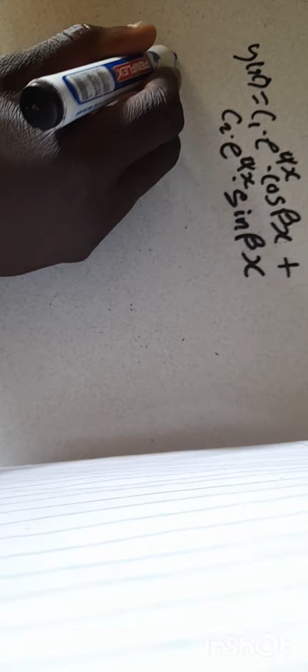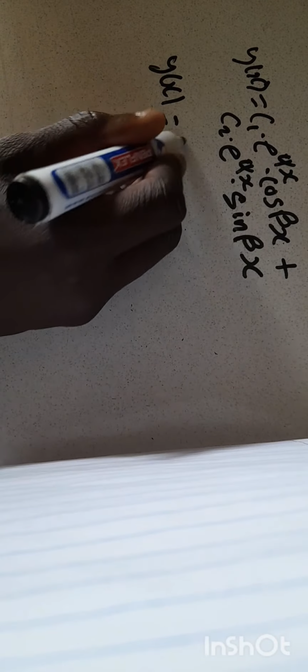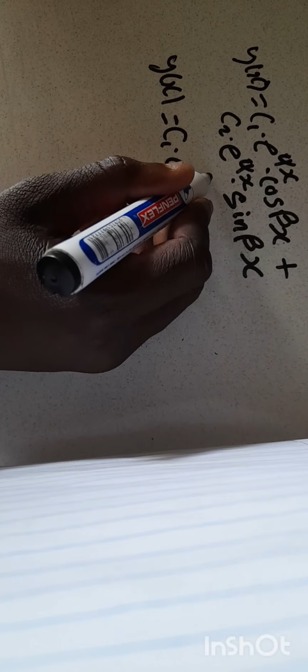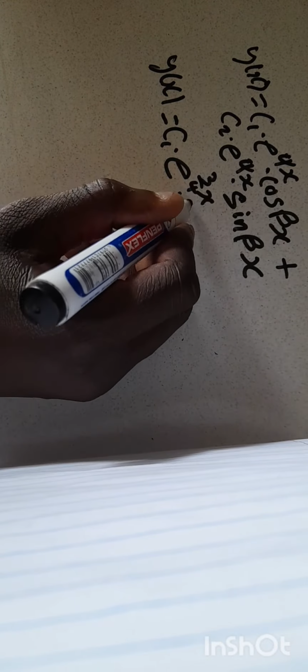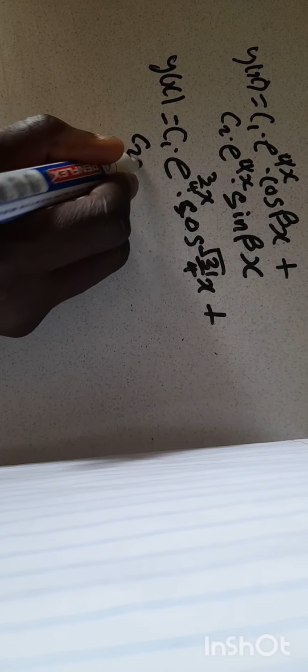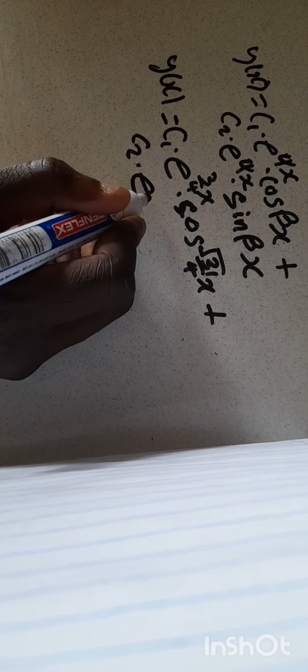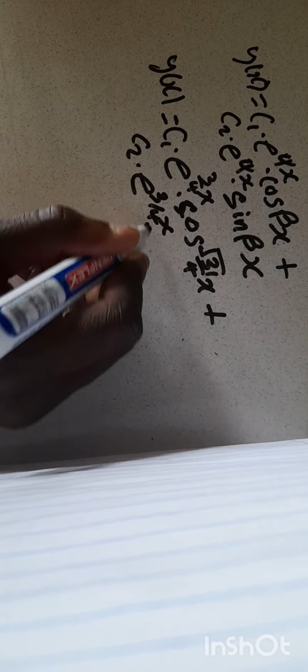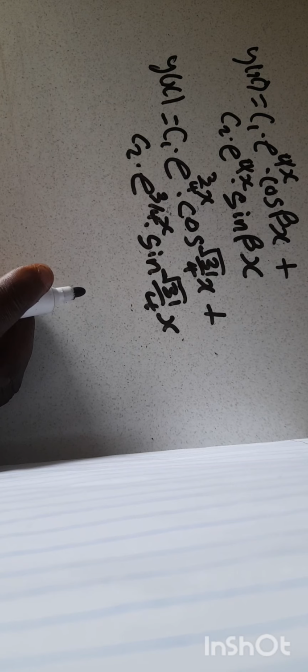Where there is alpha, you put 3 over 4, and where there is beta, you put square root of 31 over 4. So y equals c1 times e to the 3 over 4 x times cos of square root of 31 over 4 x, plus c2 times e to the 3 over 4 x times sine of square root of 31 over 4 x. Thus, this is your general solution of that differential equation.